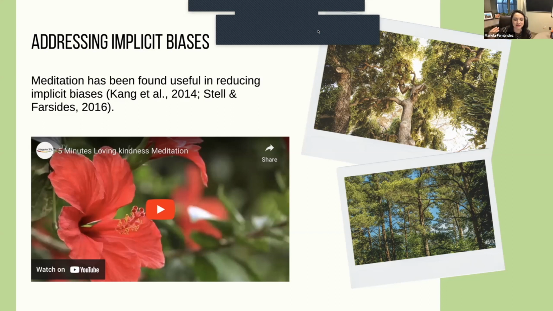The 4 sentences that you repeat are: may I be happy? May I be healthy? May I be safe? May I live with ease? So you meditate using that mantra, and researchers think that that decreases your psychological stress, and therefore it impacts your biases and serves to reduce them.